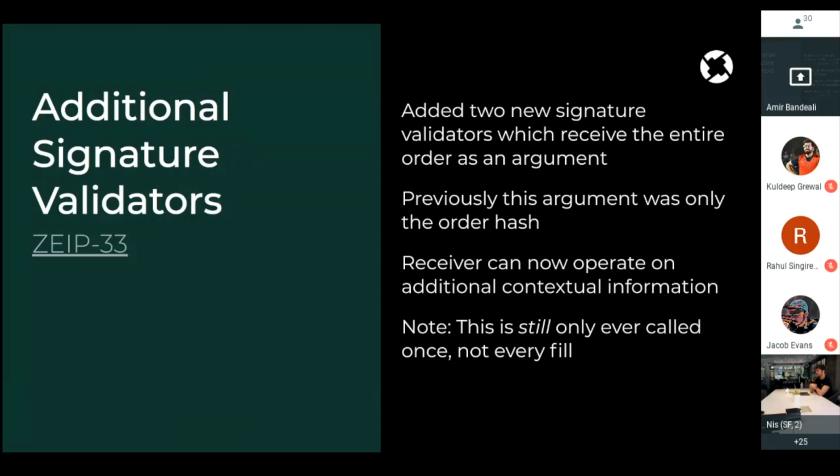So it's not quite flexible enough for a lot of people's needs. ZIP 33 proposes adding signature types where the entire order would actually be passed in. This would allow people to create orders that are valid only based on some other off-chain state. An example of something you could do with this is create an order that's valid only if it's within some percentage of some on-chain price feed.